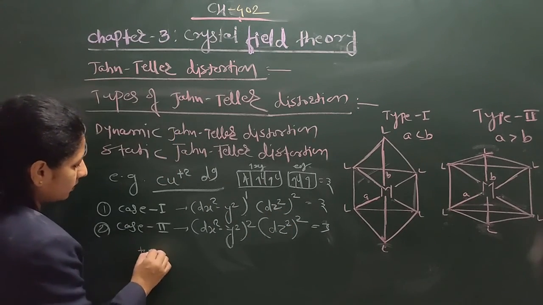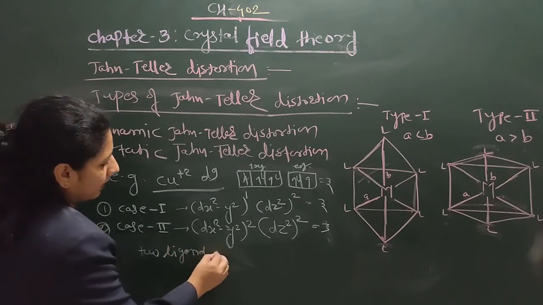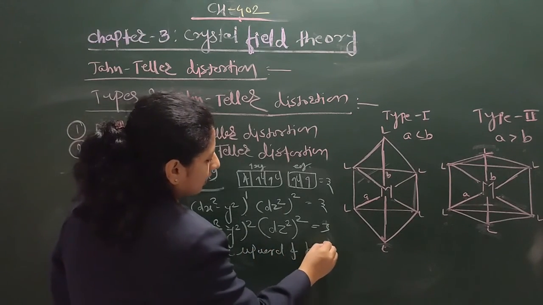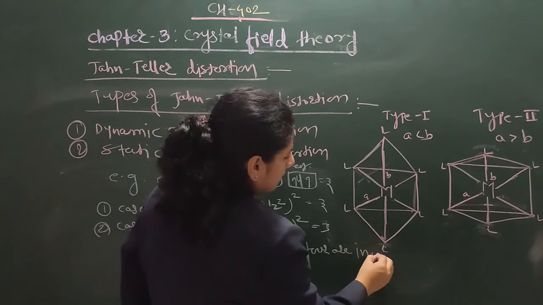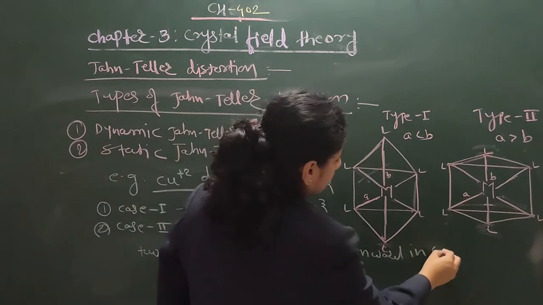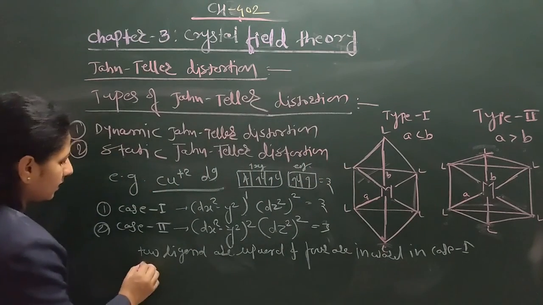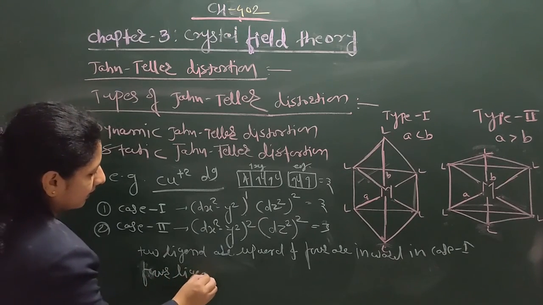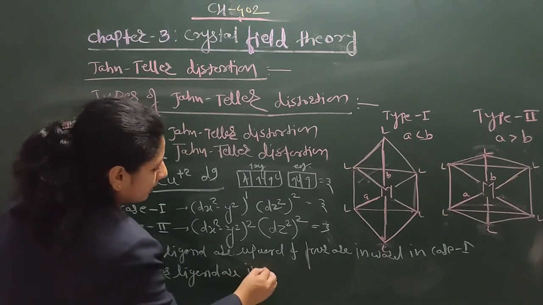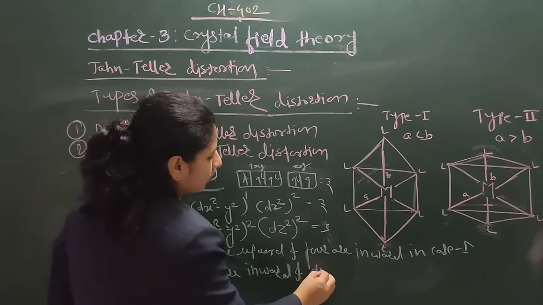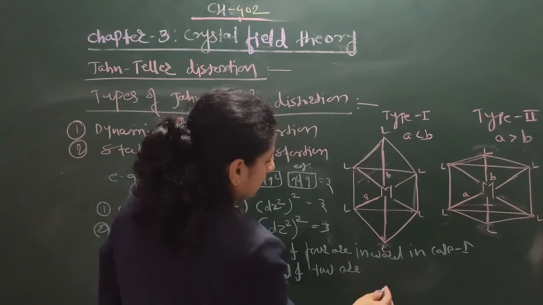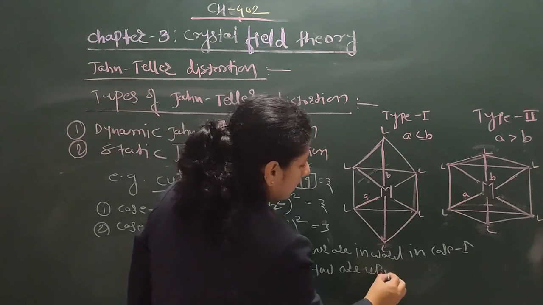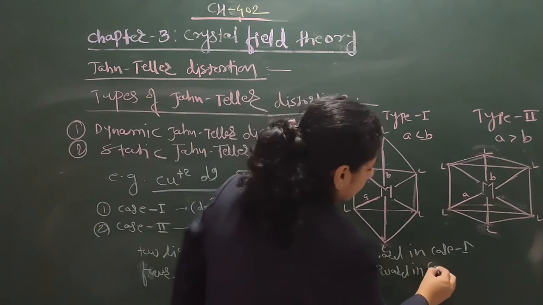In the first case, 2 ligands are upward and 4 are inward, whereas in case second, 4 ligands are inward and 2 are outward or upward.